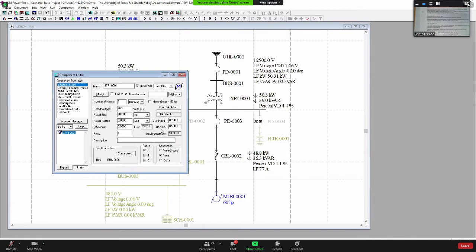The full load current is the current drawn by the motor once it's in steady state. Okay, so where would that current be? Do we see anything for that? No, I don't. We need to go to the table.